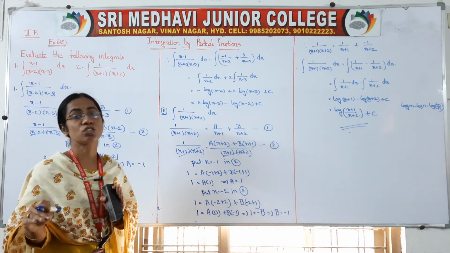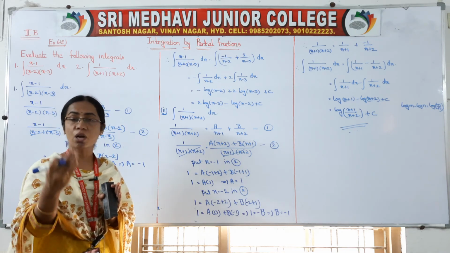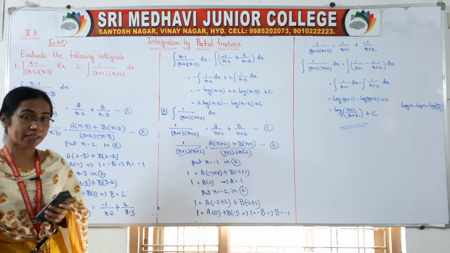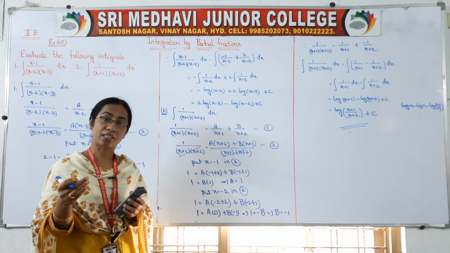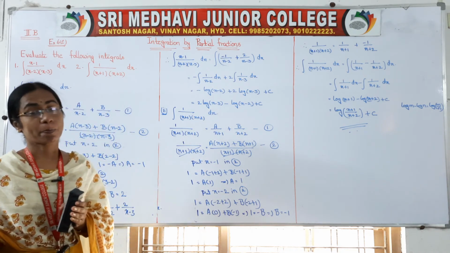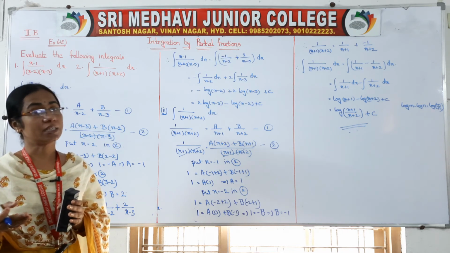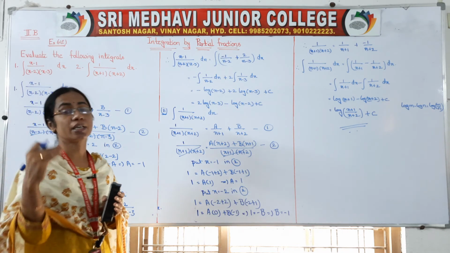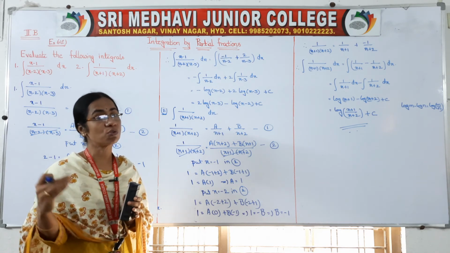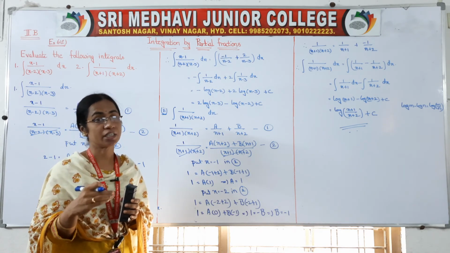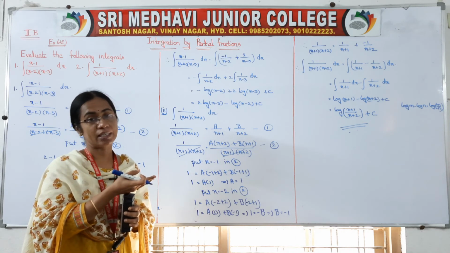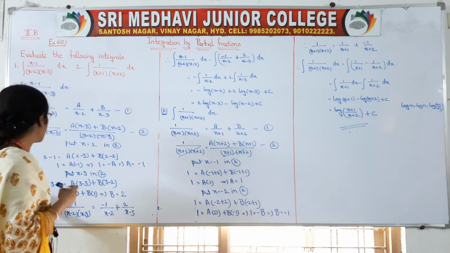That is called resolving the given fraction into partial fractions. Suppose any linear factor is repeated, then another method is there. And suppose an irreducible factor is there, then another method is there. Those are the methods in resolving fractions into partial fractions. If you know how to resolve the fraction into partial fractions, then we can easily solve the integrals. Okay, so this is the method.